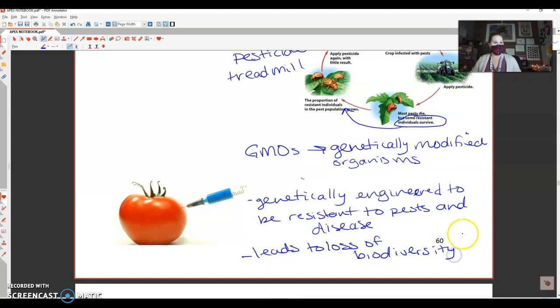Now, like I said, GMOs are in everything, and one of the biggest food corporations in the business is Monsanto. Monsanto is awful. So if you have a farmer who is not using genetically modified seeds when they're growing their crop, and their neighbor is using Monsanto seeds.